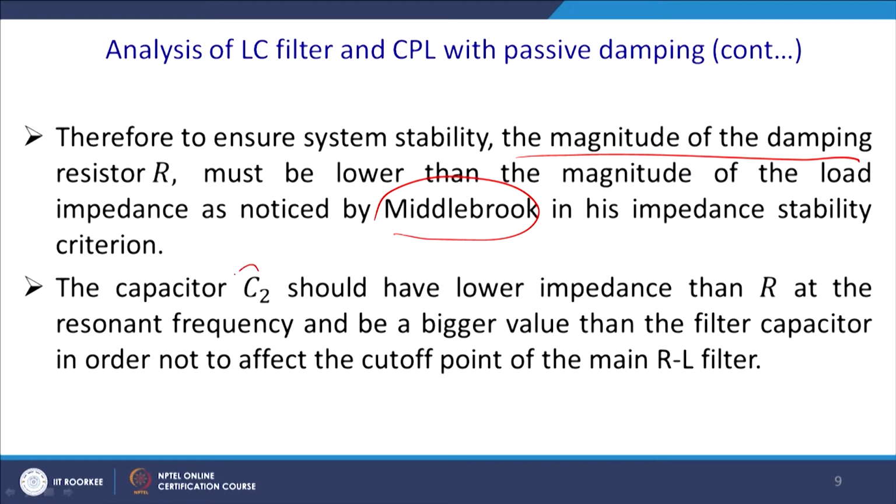The capacitor C2 should have lower impedance than R at the resonant frequency and be of bigger value than the filter capacitor, in order not to affect the cutoff point of this LC filter. So, that is another criterion of Middlebrook's impedance.